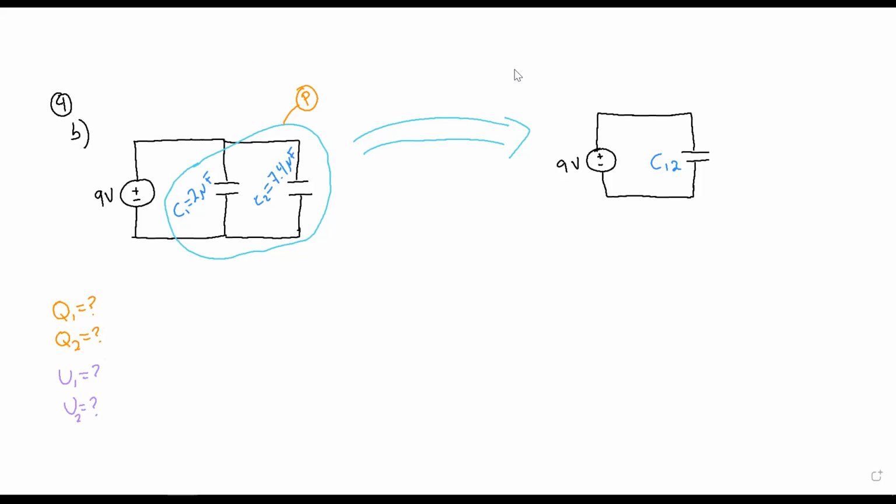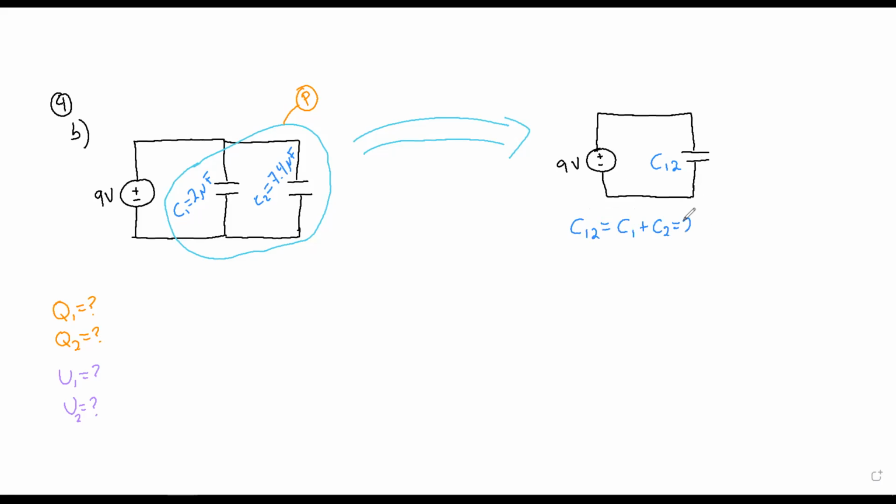And so if this capacitor C12 comes out of a parallel connection, we can calculate the total capacitance. The total capacitance is going to be the sum, because they are in parallel.